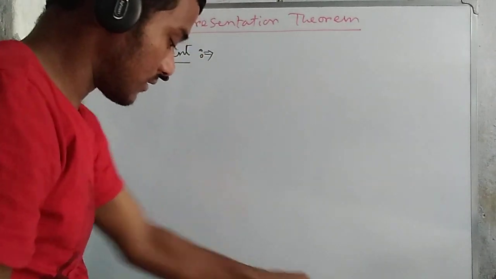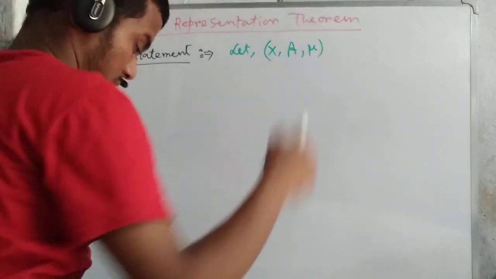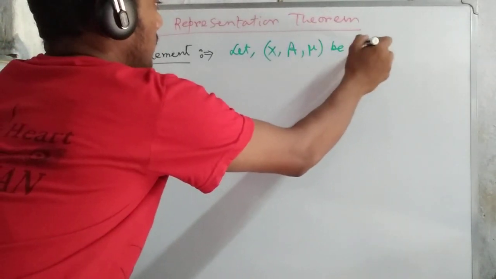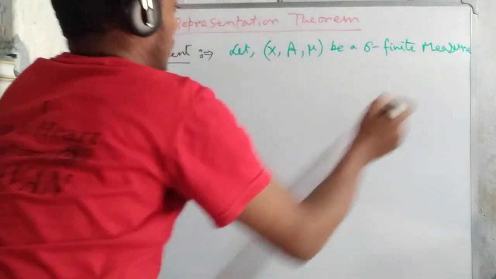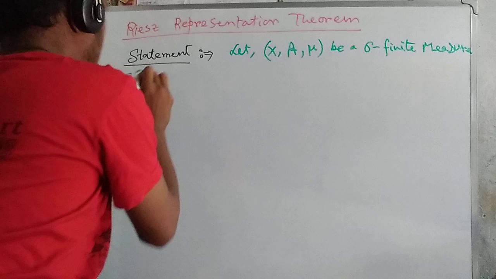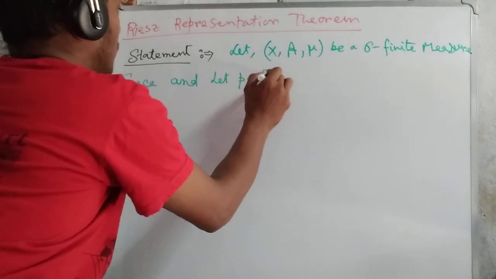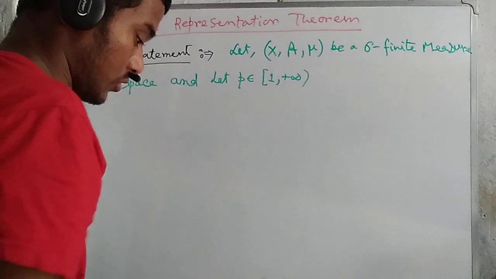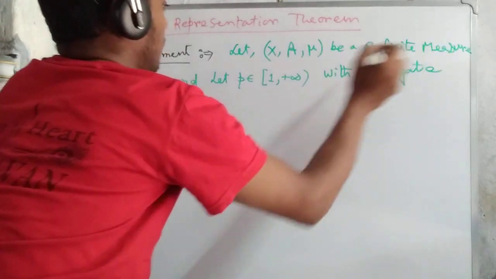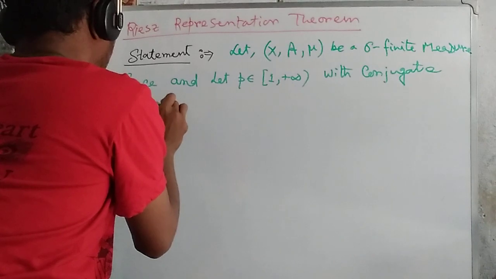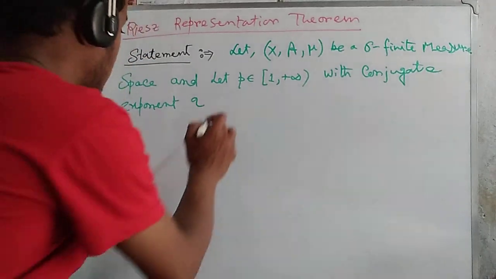Let (X, script A, mu) be a sigma finite measure space, and let p belong to [1, plus infinity) with conjugate exponent q.